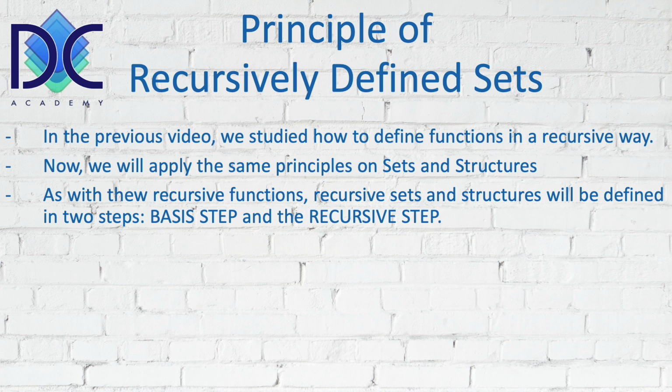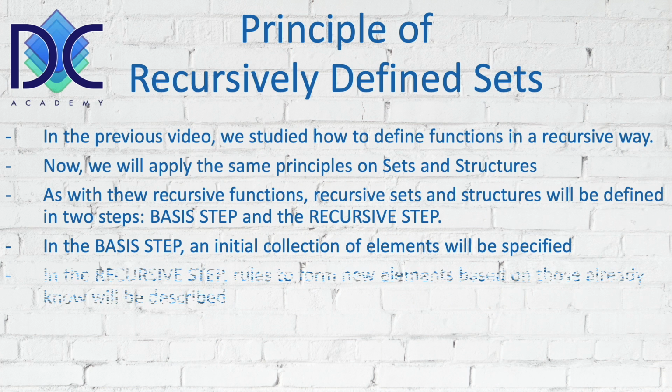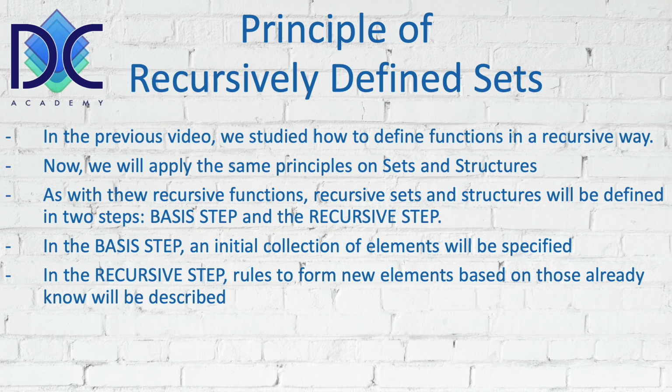The basis step is defining how we start with the set, and then we're going to see how we build the additional elements of that set. The basis step is that initial collection of elements, and the recursive step provides rules to form the new elements based on those already known before.